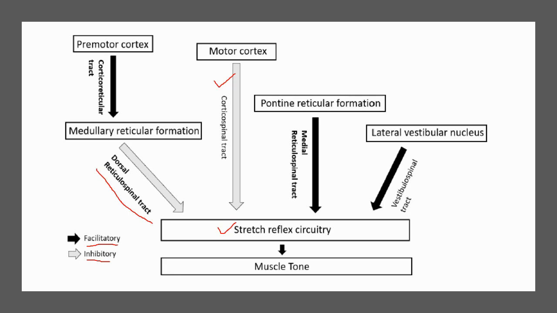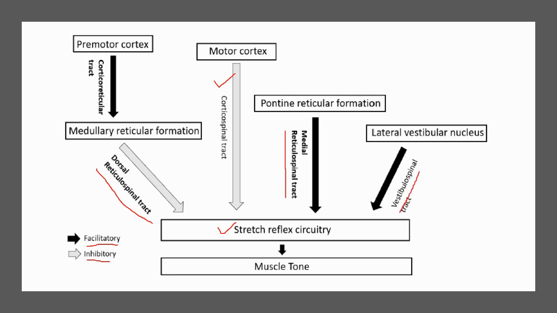So though we assume that it is a spinal reflex completely controlled by the spinal cord, only inhibited by the supraspinal pathway, it is not so. You have the supraspinal pathway which can be facilitatory or can enhance the reflexes. One is the medial reticulospinal tract which I mentioned here, and another one is the vestibulospinal tract.